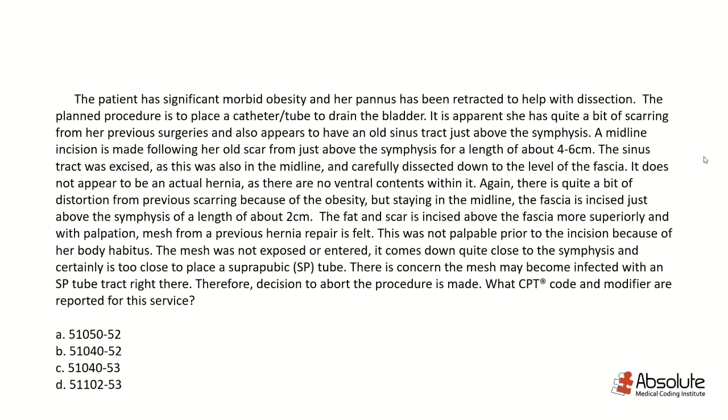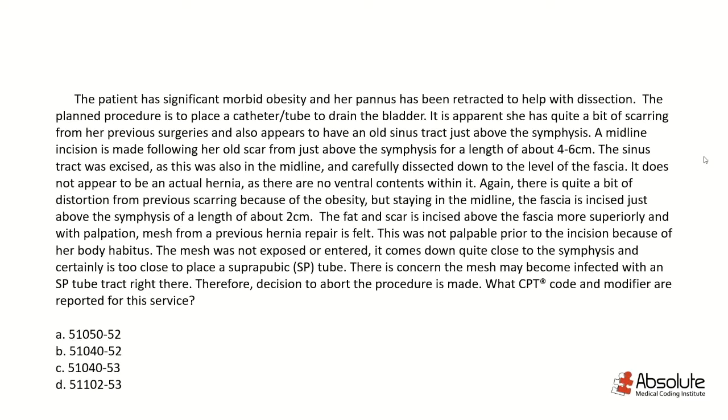A midline incision is made following her old scar from just above the symphysis for a length of about 4 to 6 centimeters. The sinus tract was excised as this was also in the midline and carefully dissected down to the level of the fascia. It does not appear to be an actual hernia as there are no ventral contents within it.